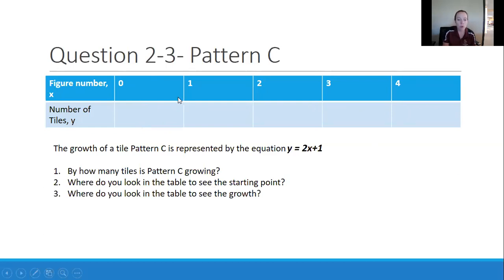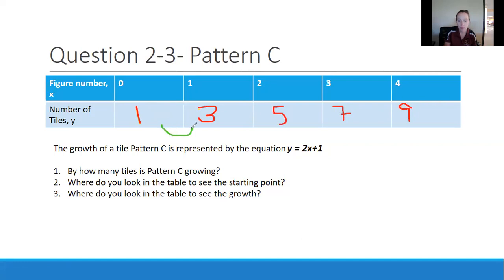Okay, where do you look to see the growth? So that was 1. Oh, I didn't want that one, sorry. We wanted 1, 3, 5, 7, 9. Okay, the growth was the +2, right?